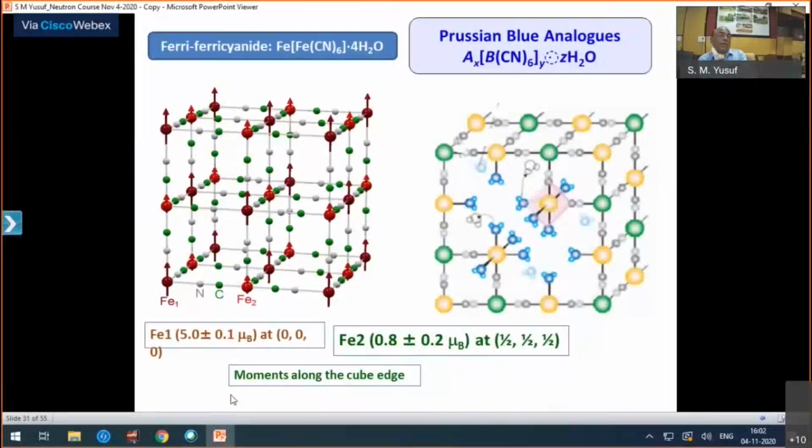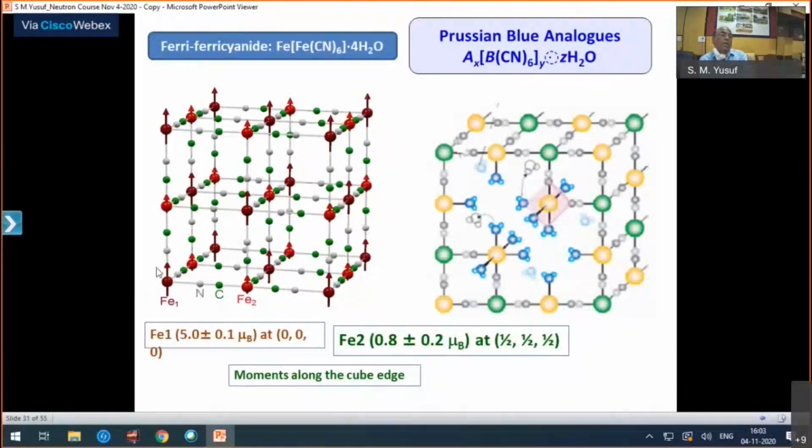Now, if you draw a microscopic picture, we will be drawing this kind of picture. What is this picture? Let me tell you. This is the system. Here an iron atom is sitting, one iron atom, and another is here. In between these iron atoms, this is one nitrogen, this is another nitrogen.